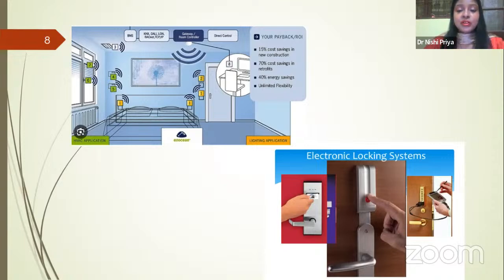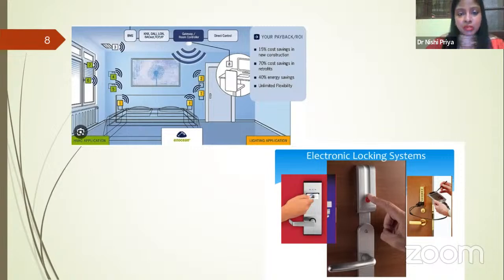In a guest room, whatever area or source is consuming energy is connected to a particular system, and that system will reduce or increase the electricity consumption.